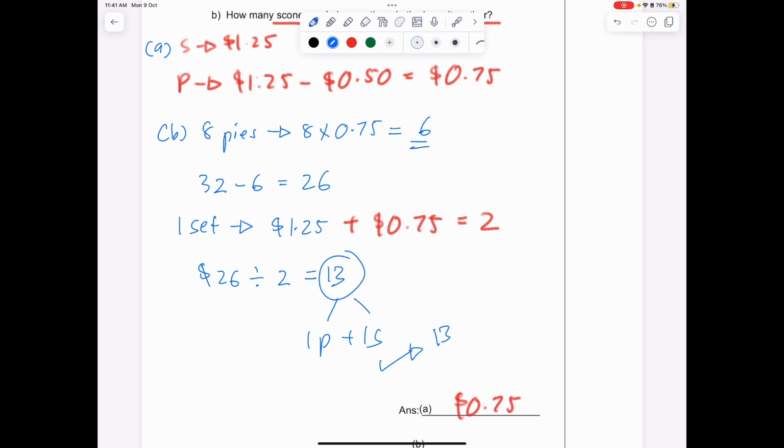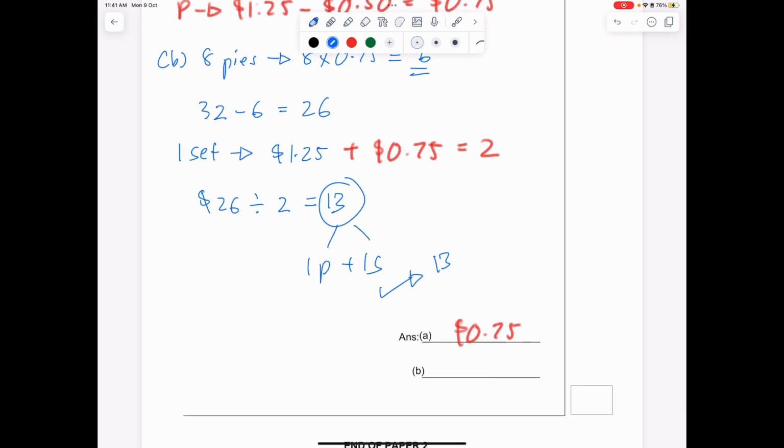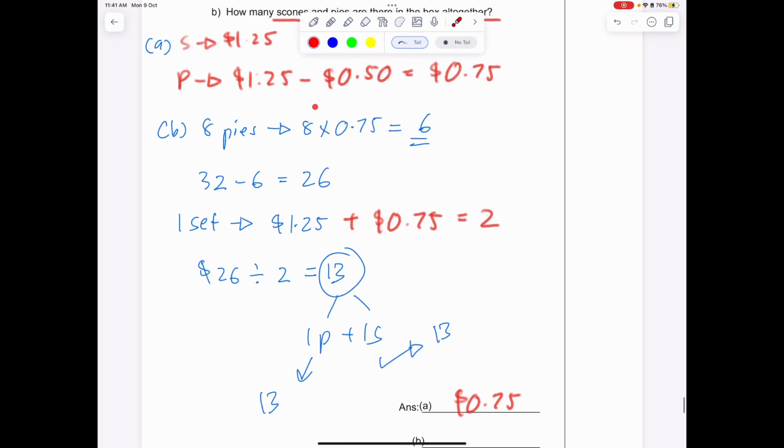Now, what happens with the pies? I need to now times 2, because my pie here also has 13, correct? 13, 13. Why 13, 13? Because one set is made of 1 pie and 1 scone. So 13 sets is equal to 13 pies and 13 scones. But don't forget, just now I subtracted away 8 pies. So I must add back my 8 pies.